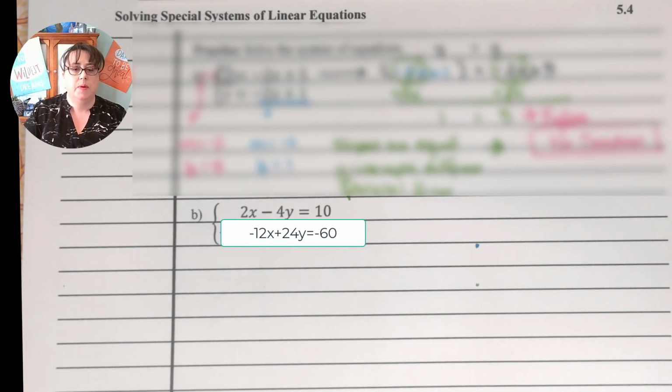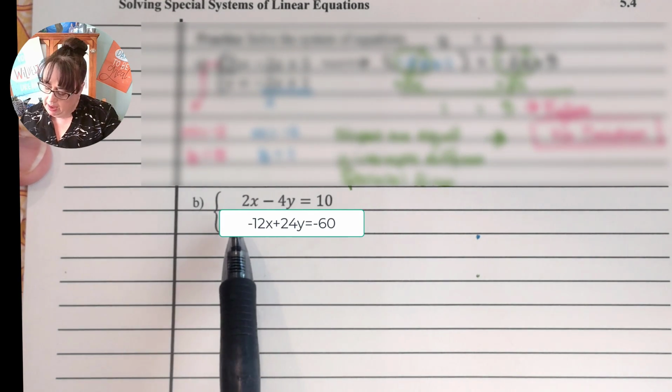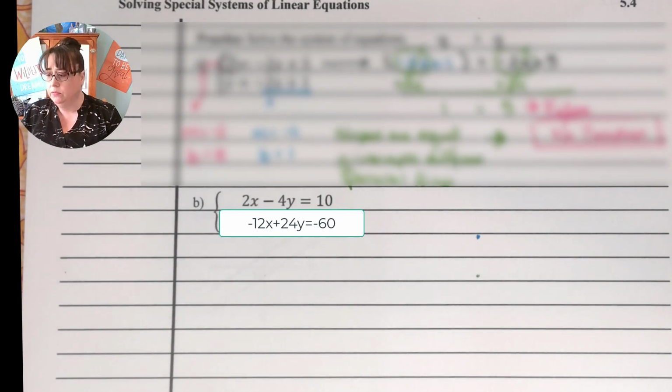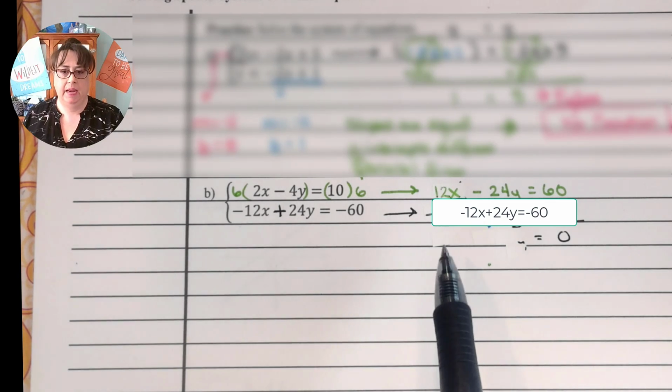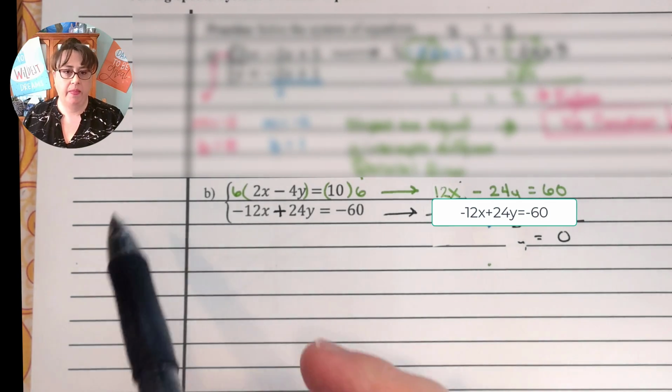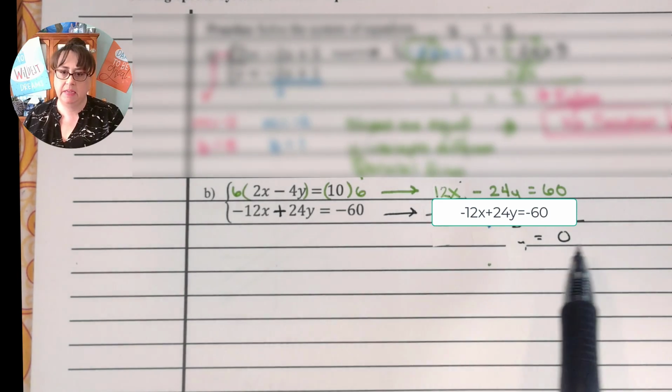When I look at this next one, what I see is elimination is really easy to do, only because I notice I'm really close to having additive inverses. I am looking at my 2x and my -12. So on this one, if you take this 6 and you multiply it by 2x, you get 12x, and then 6 times -4 is -24y, and then 6 times 10 is 60.